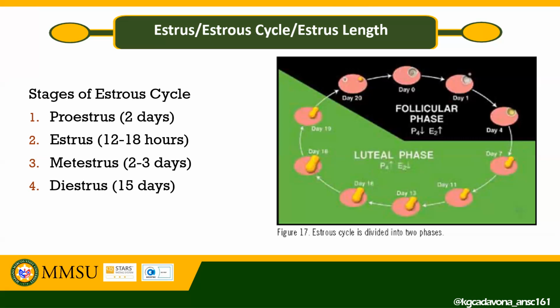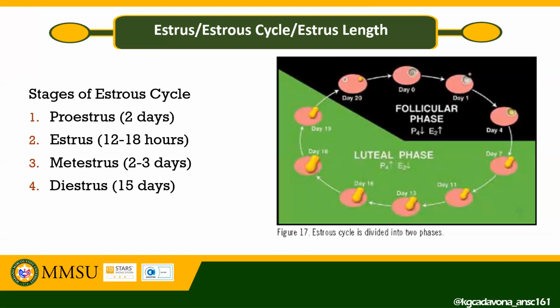Okay? Hence, we also have the stages of the estrus cycle, which is further divided into 4 portions. We have the proestrus, the estrus, metaestrus, and then the diestrus. Isa-isahin natin. So when we say proestrus, this is characterized by follicular growth.